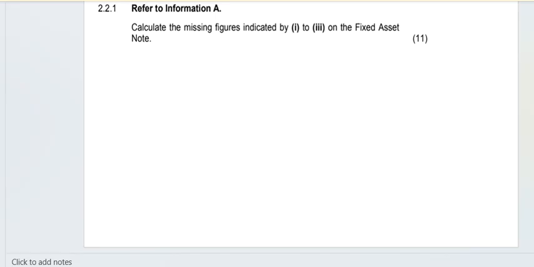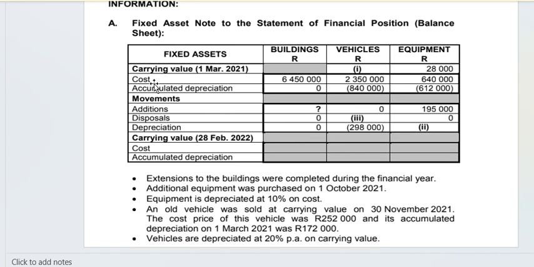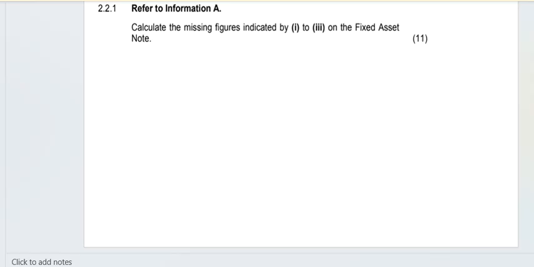So there was a name of a company, as well as the accounting period. I didn't have the name, but the accounting period is, of course, as written here, 28 February 2022. So the first thing that you need to acknowledge when you are dealing with this is the accounting period.